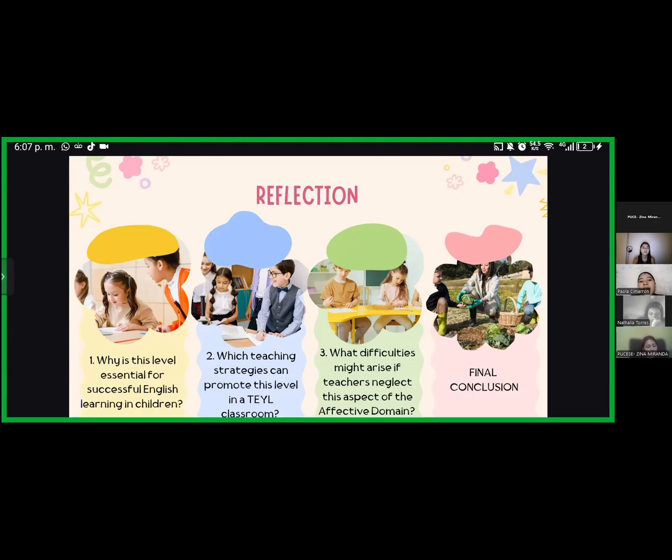Now, the final conclusion is that characterizing is the highest level of the affective domain because it reflects values that have become part of a child's personality and guide their everyday behavior. As future English teachers, we believe that teaching children is not only about helping them learn vocabulary and grammar.